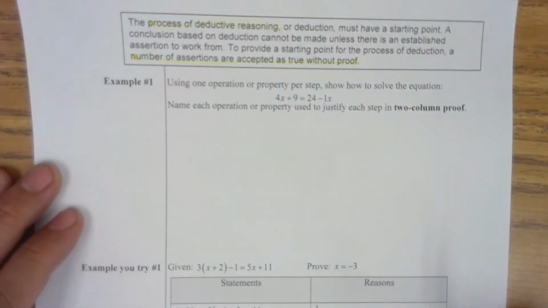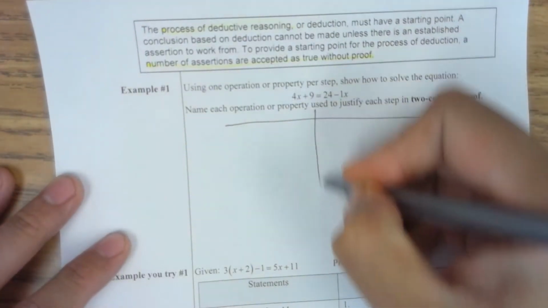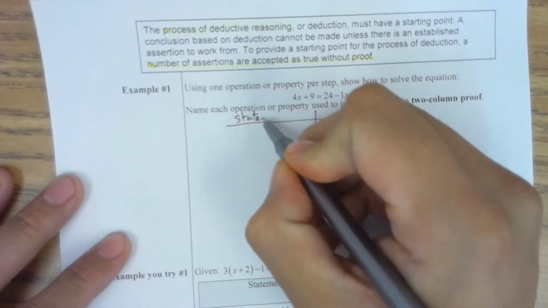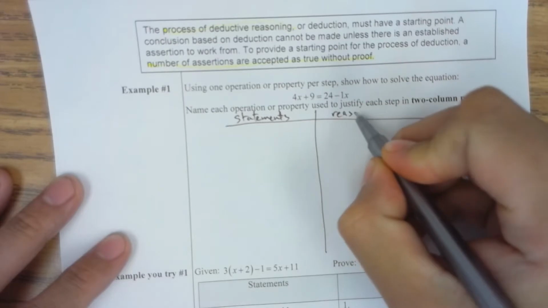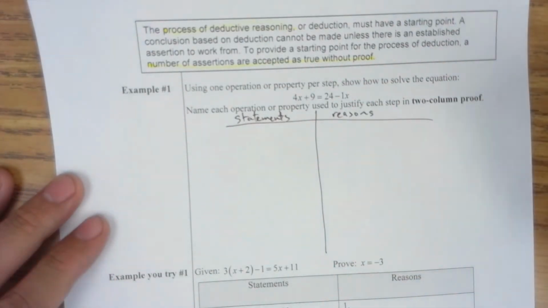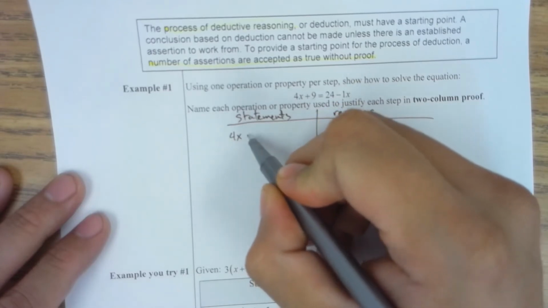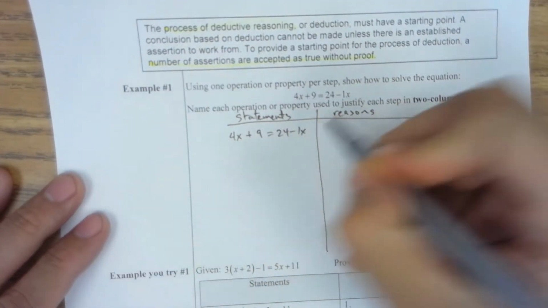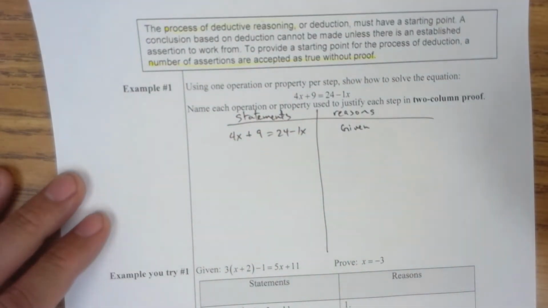So let's say you have this given information. Let's just set it up nice and clean. On the left side, we're going to call that statement. On the right side, we're going to give a reason why this is true, and we're going to justify it. So here we have 4x plus 9 equals 24 minus 1x. We know that was given because that's the problem given to you.